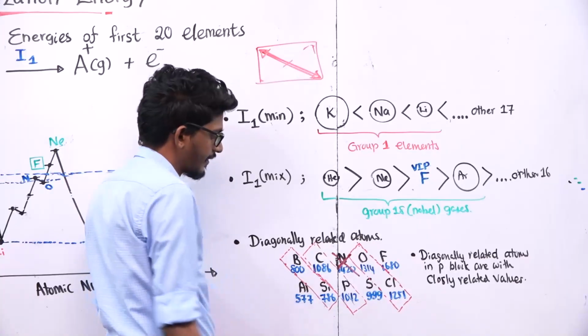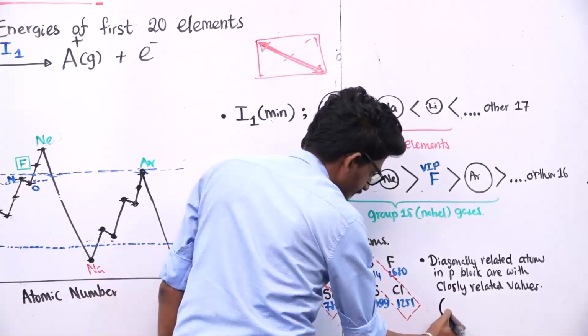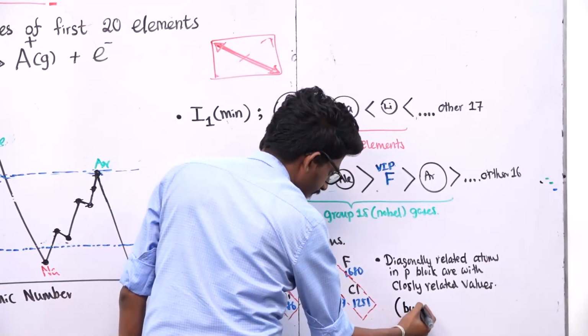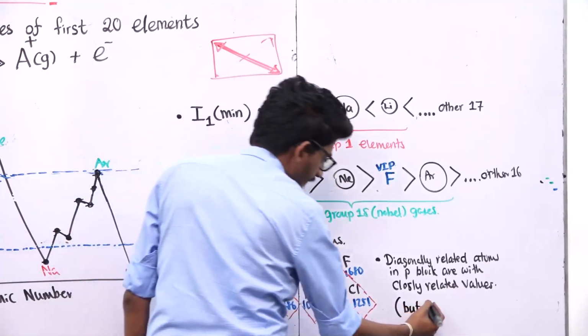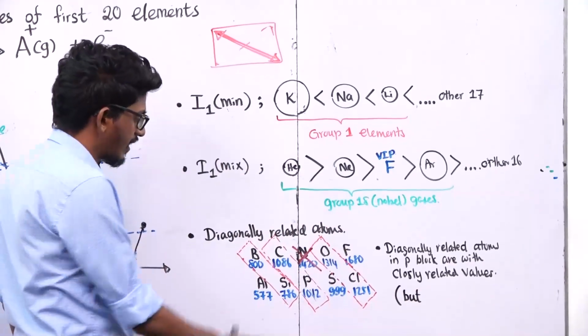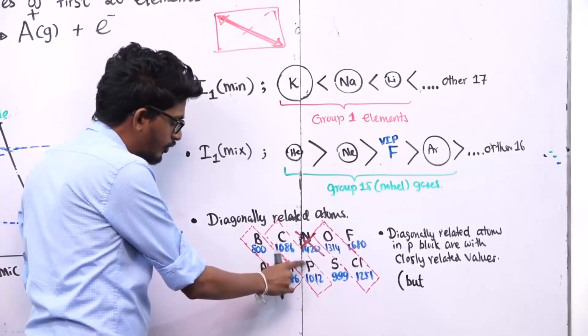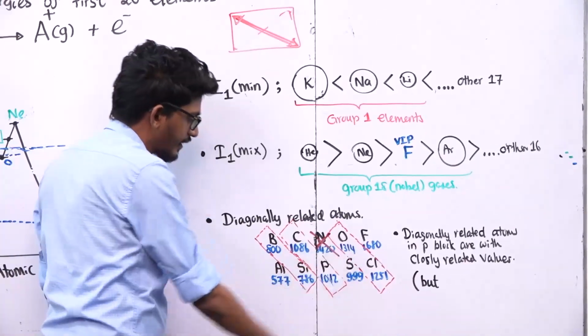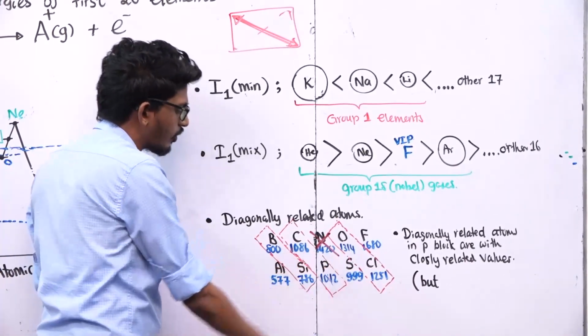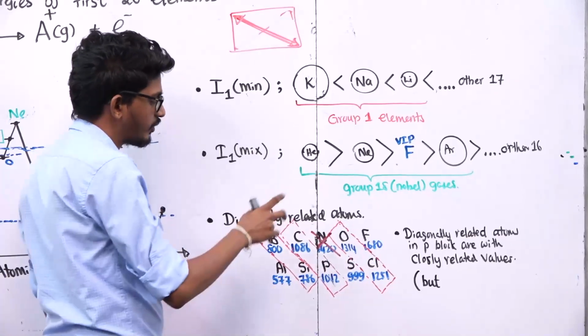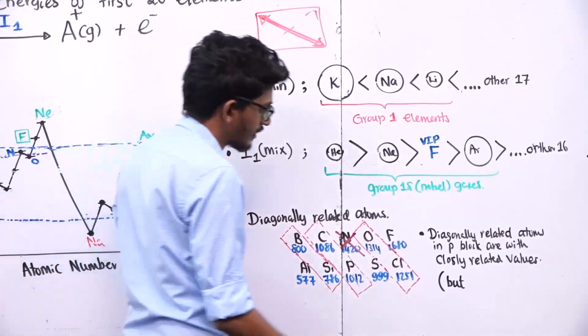But note that, out of those two diagonal related atoms, the larger one is with a smaller I1. The larger the atom, the easier it is to release the electron.